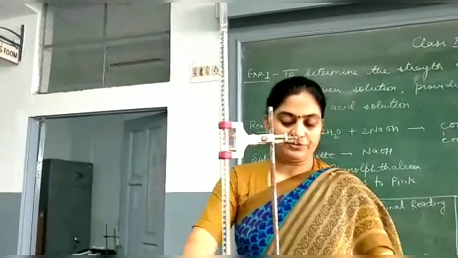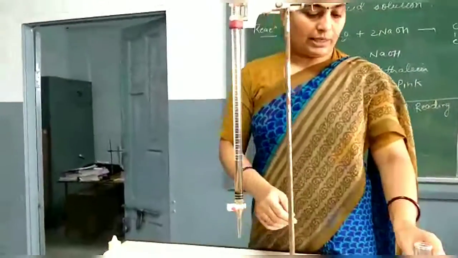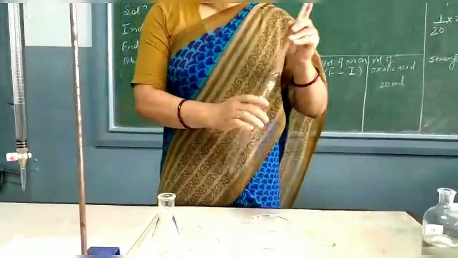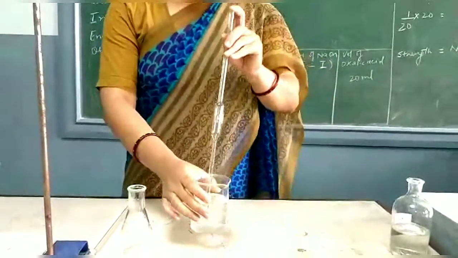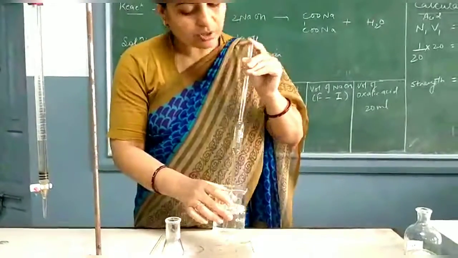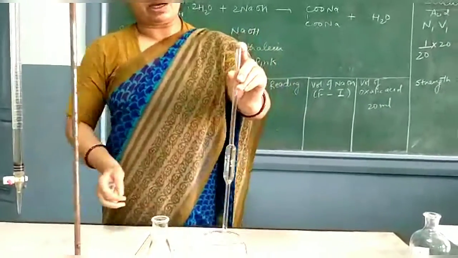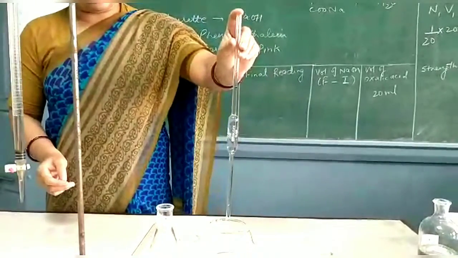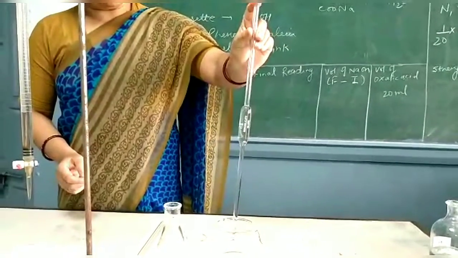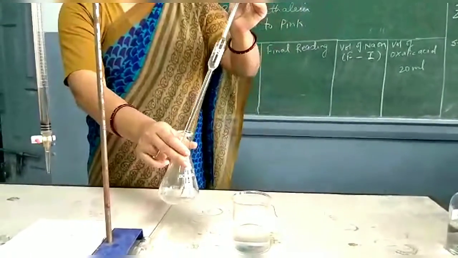So I have just filled it in this burette, and this is the flask. I am going to suck the solution with the help of this pipette, and here I have oxalic acid. You need to suck the solution till this mark, and this mark is 20 ml, and it gives a very exact volume, that is 20 ml.